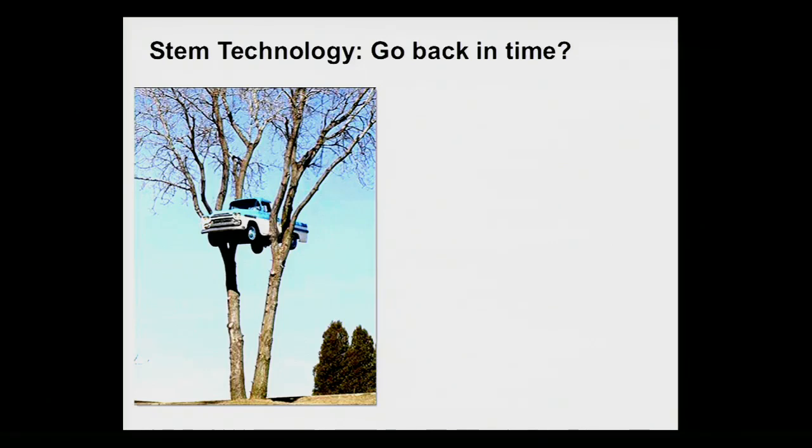And why is this important? For instance, let's say we are walking around UCSD and you see a car stuck in a tree. You can ask, how did that happen? Imagine if you could go back in time and find out exactly how the car went there. Was it a tornado?